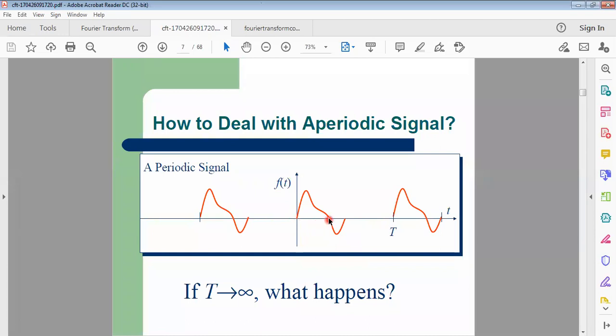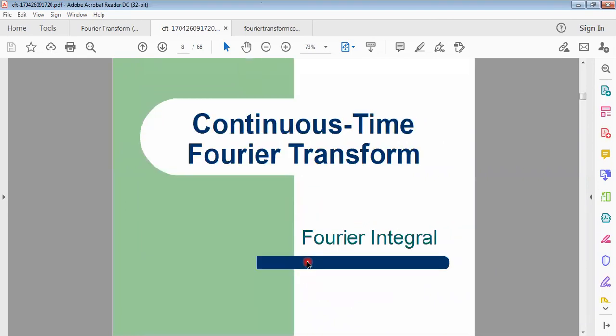Suppose from the starting point to this point is capital T, but from this point to this point it is not capital T, so it is not periodic. So these types of signals are aperiodic or non-periodic signals. If capital T tends to infinity, that means if the period is infinite, then what will happen in that case?